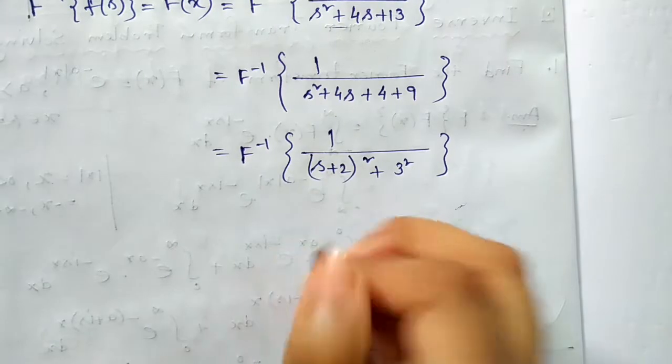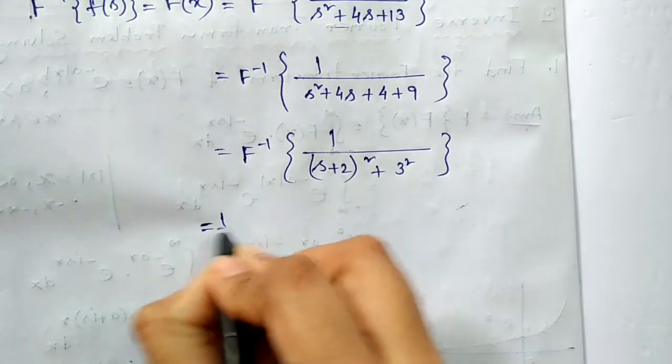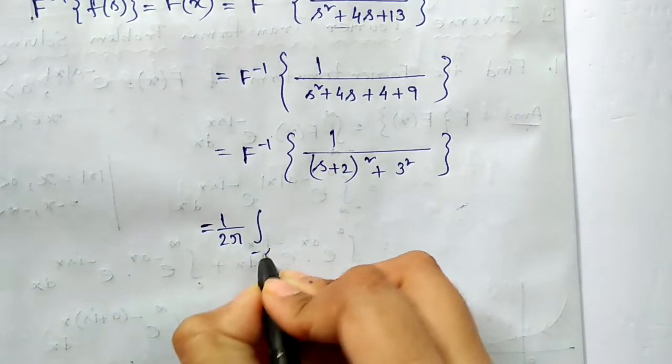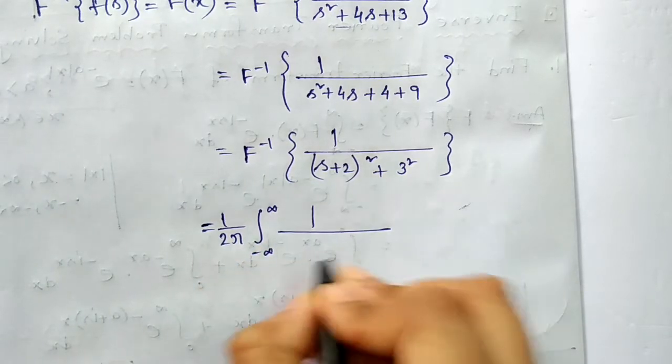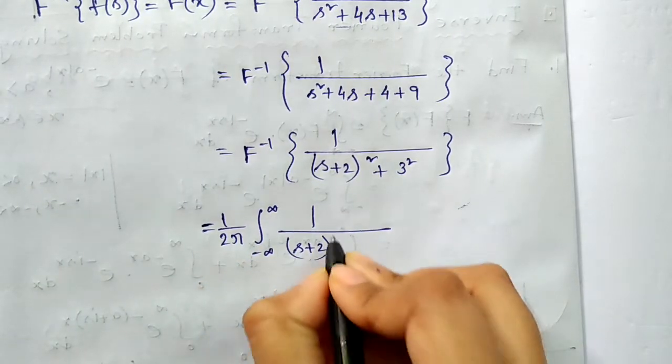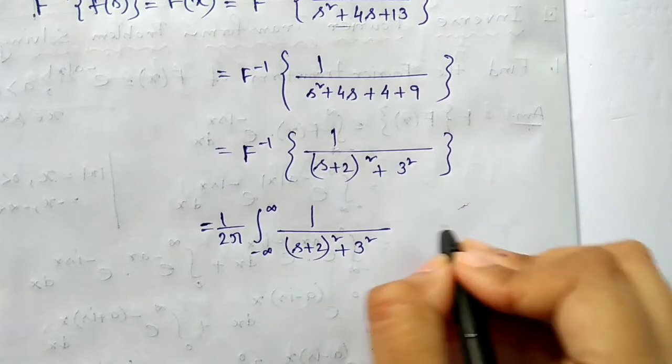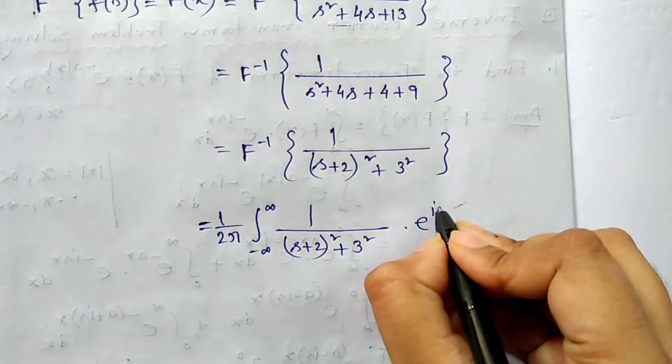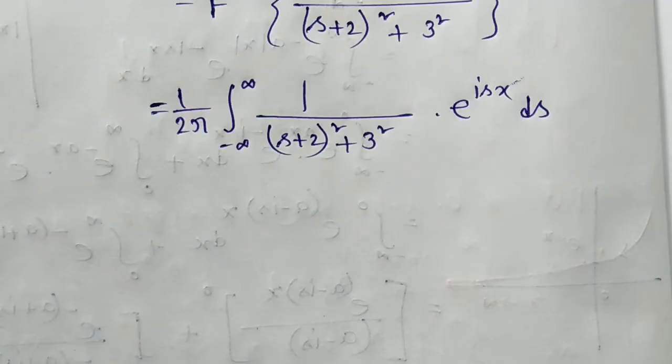Now using this formula, we can write it as 1 by 2 pi integration minus infinity to infinity, 1 by (s plus 2) whole square plus 3 square into e to the power isx ds. So we get this.